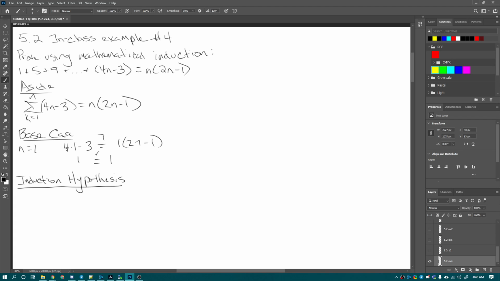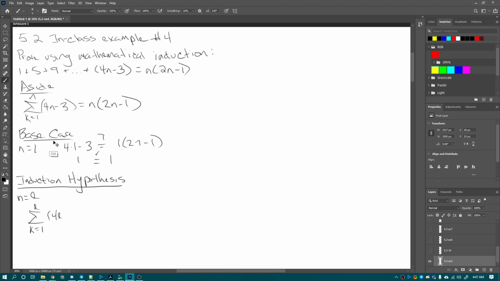And all I'm going to do is I'm going to set n equal to, what can I use? I guess I'll use L. Okay. So I'm just going to rewrite this sum, but instead of using n, I'm going to use L. So that's the summation of k equals 1 to L of 4L.